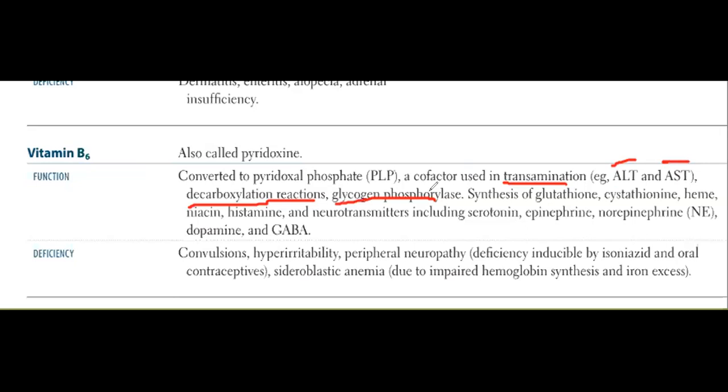there are these mechanisms, and we have the glycogenolysis mechanism here, the breakdown of glycogen.